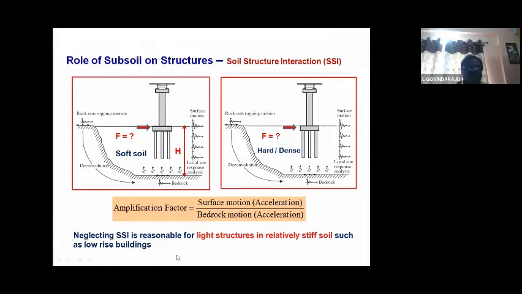Now, there are mandatory requirements from the codal provisions that if you are crossing two stories, suppose a three-story building and beyond that, you must compulsorily adopt soil structure interaction analysis, and you must take the influence of soil on the foundation and the influence of foundation on the structure.